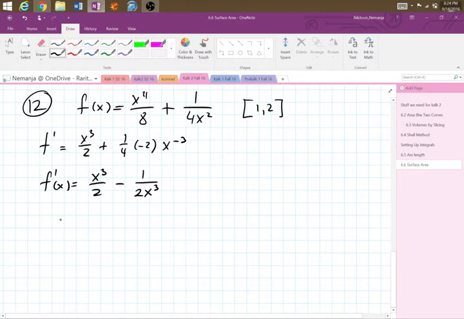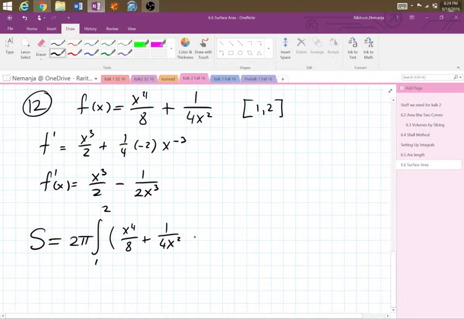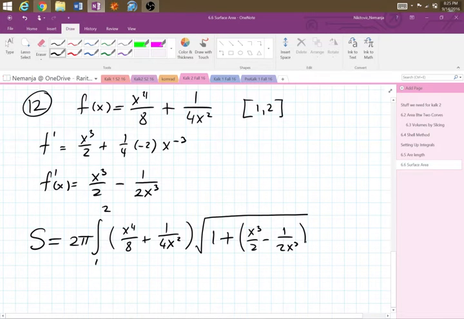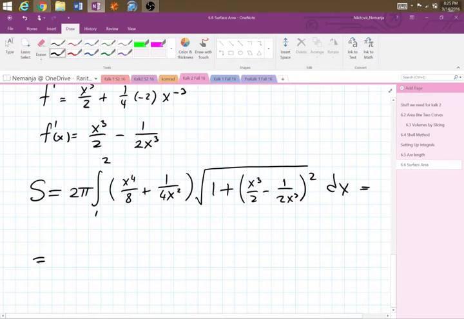Now we go and we say surface area is 2 pi, we're on 1 to 2, open parenthesis, x to the 4th over 8 plus 1 over 4x squared, and then the square root of 1 plus x cubed over 2 minus 1 over 2x cubed squared dx, which further goes into, now we do the trick.